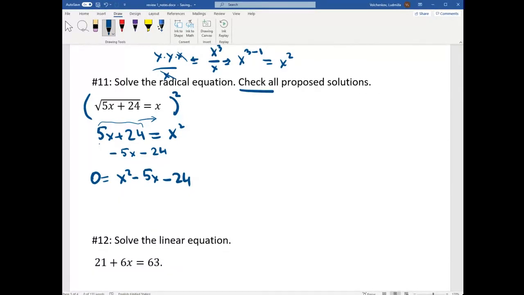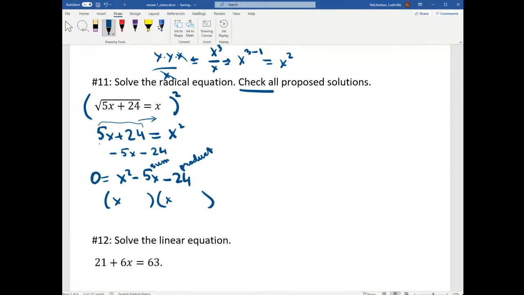Okay, now let us try to factor the equation. And first, we always try to factor the equation by trial and error. So let us check whether it works. We try to find two numbers that give negative 24 as a product and negative 5 as a sum.